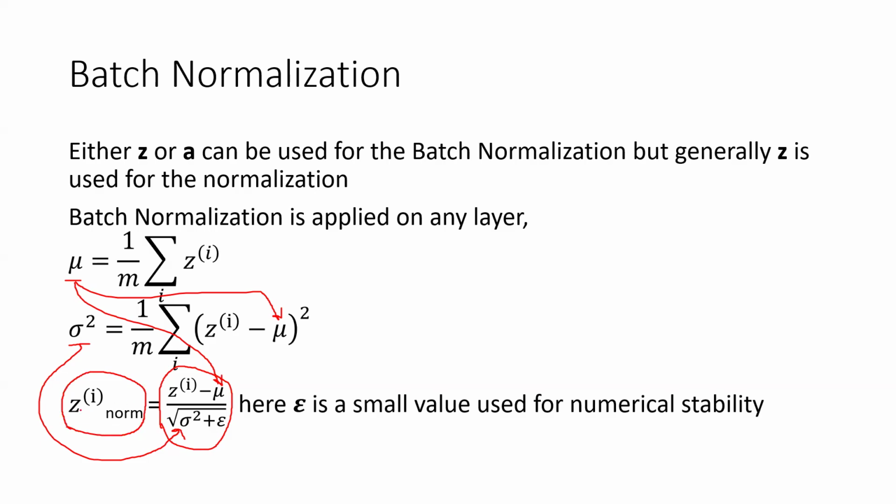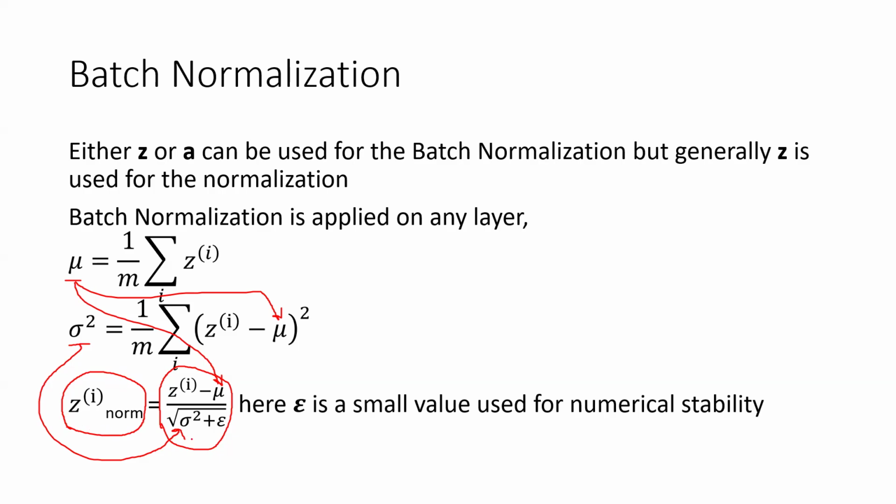Don't get confused with this zi: this zi is the z output from the neural layer, and this is the normalized z value in that particular layer.